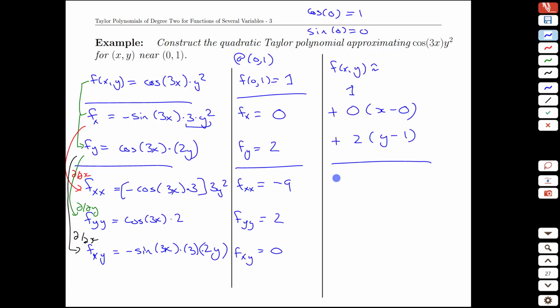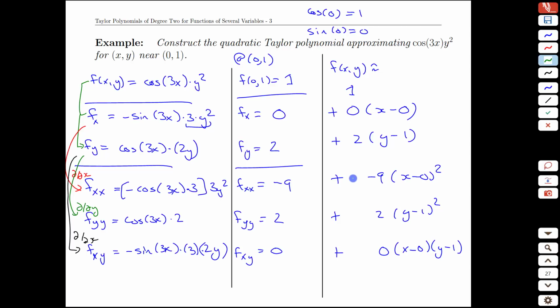Then we go to the quadratic term, so plus, I won't put the dividing line because this is all one expression, plus the 9, well it's negative 9 though, times x minus 0 squared, plus 2 times y minus 1 squared, plus 0, x minus 0, y minus 1, quadratic, quadratic, quadratic, but mixed.